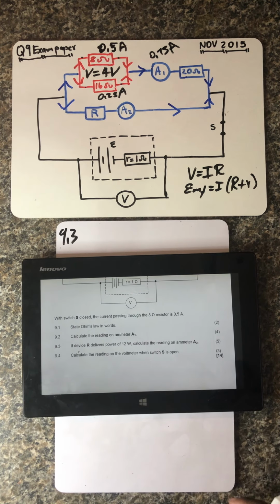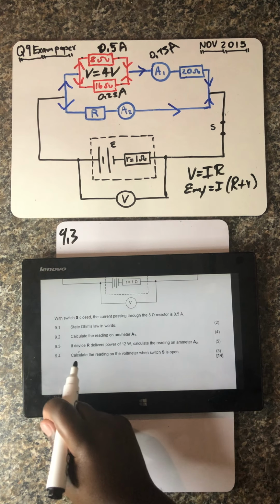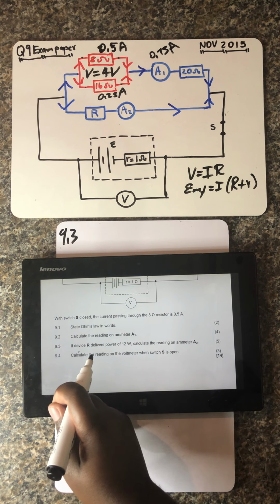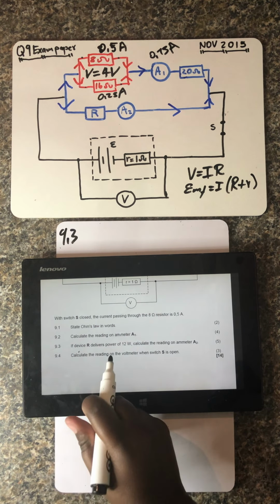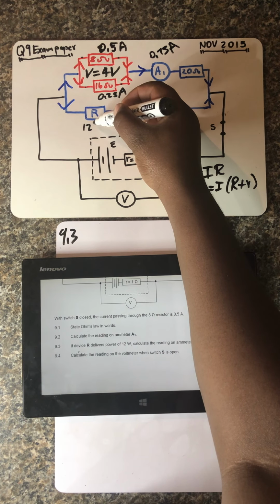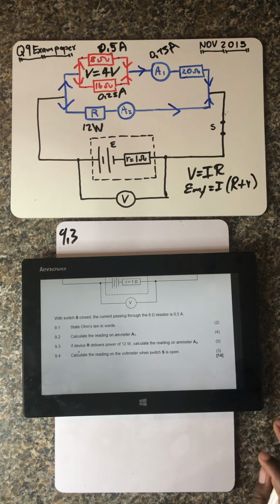The question says, if device R delivers power of 12 watts, calculate the reading on ammeter 2. So they're saying if this device R delivers power of 12 watts, then calculate the reading on ammeter A2.